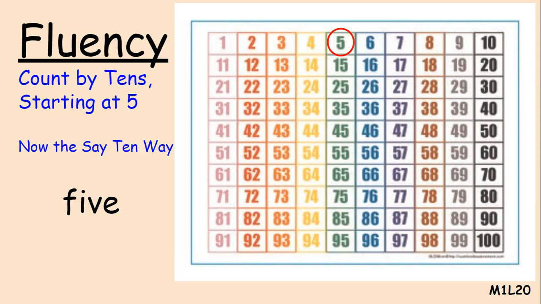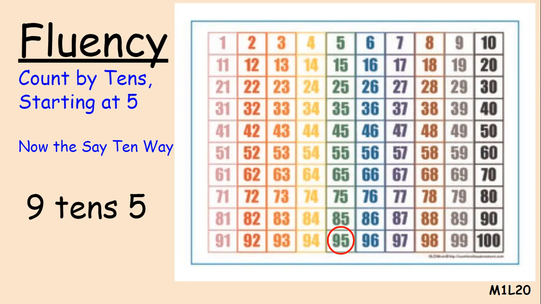Now we're going to count from 5 to 95 the say 10 way. Starting at 5, then it's 1 10 5, 2 10s 5, 3 10s 5, 4 10s 5, 5 10s 5, 6 10s 5, 7 10s 5, 8 10s 5, and 9 10s 5.